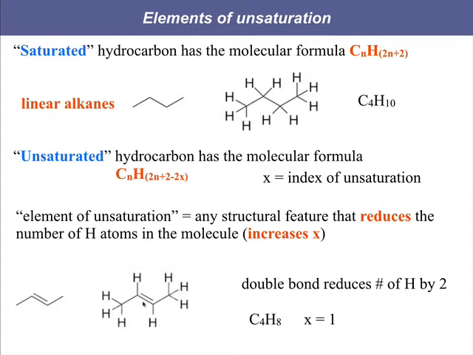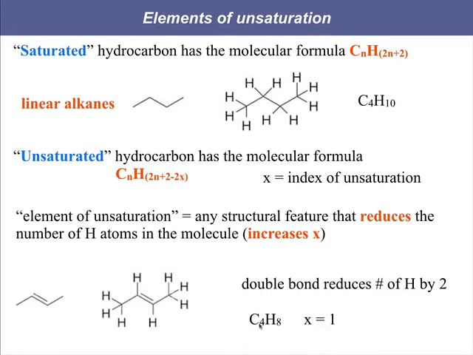So compare the formulas. With butane, it was C4H10. For butene, it was C4H8, meaning that given the fact that we've got 4 carbons, the maximum we could have would be 10. We have 8, so we are missing 2. So since we have decreased the number of hydrogens by 2, that means we have 1 element of unsaturation.